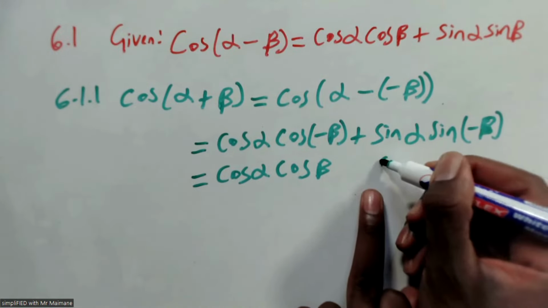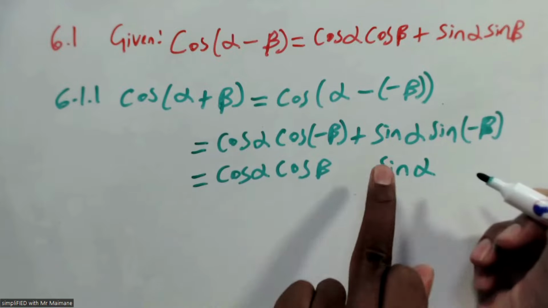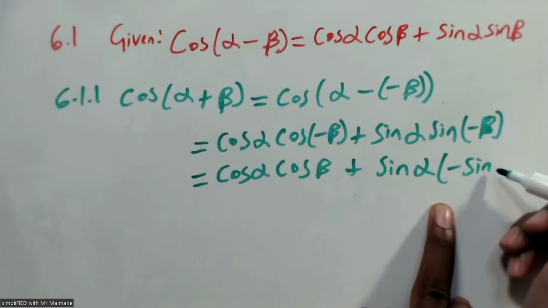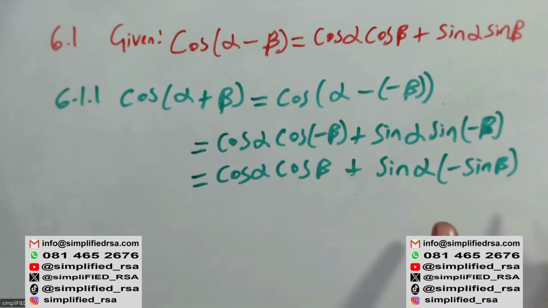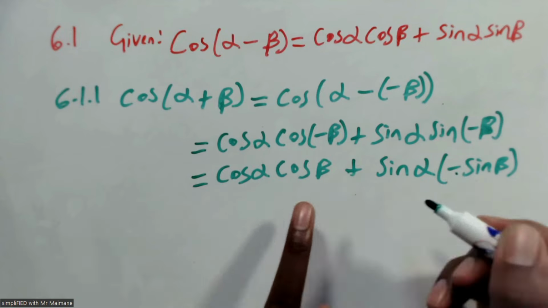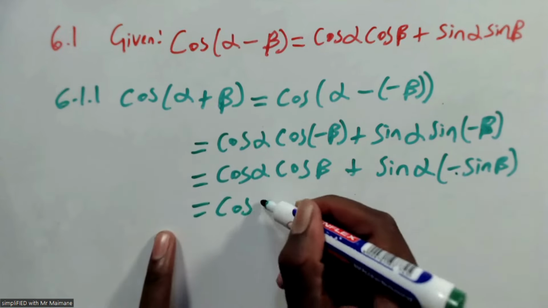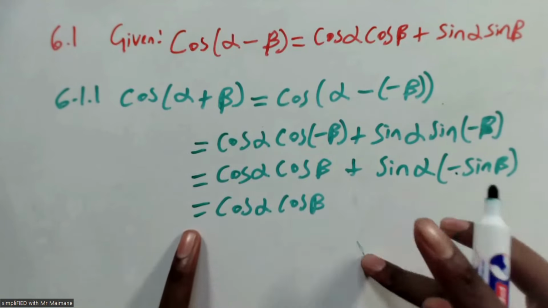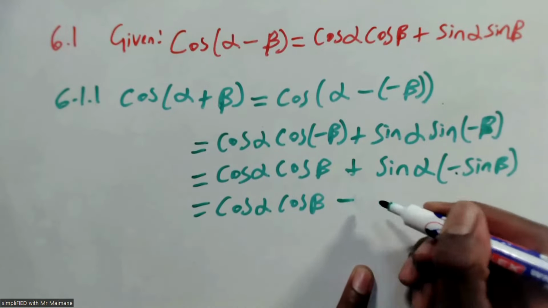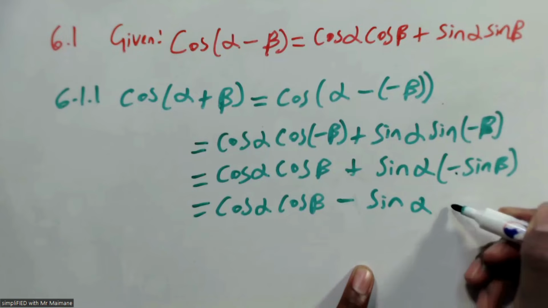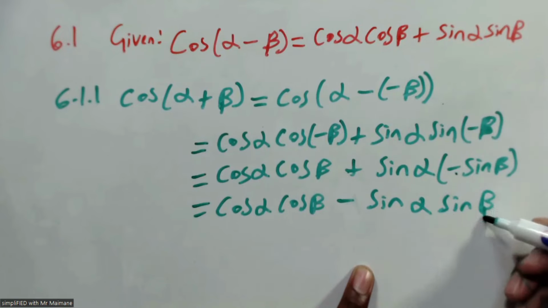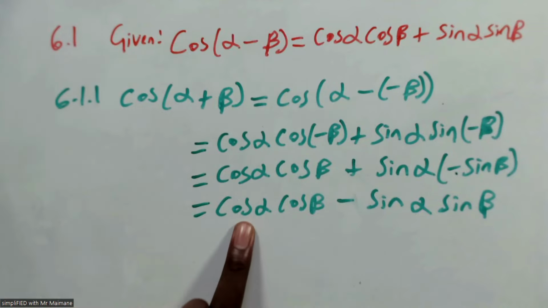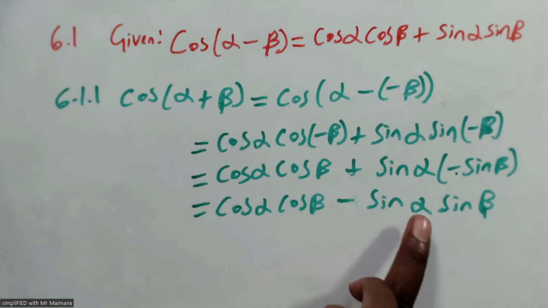But here I have sine alpha, and sine of a negative angle is negative sine beta. If I rearrange, the negative comes to this side, so I will have cos alpha cos beta minus sine alpha sine beta. Which proves exactly that cos of alpha plus beta is equal to cos alpha cos beta minus sine alpha sine beta.